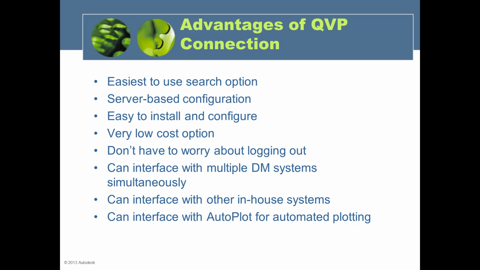And then, as I mentioned, data can be pulled, at least for display purposes, from other in-house systems. And then if you do have a need for automated printing, plotting, and publishing, QVP can directly interface with AutoPlot. So you could take the files in your search results and hit plot, and then it would batch print, plot, or publish them.